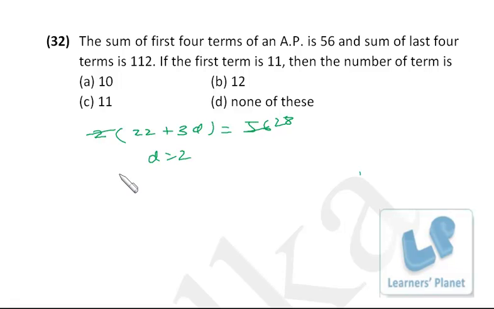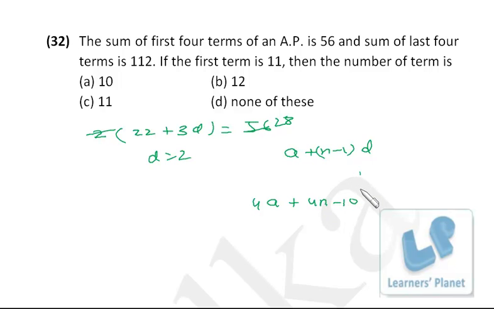Now the sum of last 4 terms. The last term, or we can say the nth term, will be a plus (n minus 1)d. The previous term will be a plus (n minus 2)d, a plus (n minus 3)d and a plus (n minus 4)d, right? So these are the last 4 terms. Okay, so they will sum up to 4a plus (n minus 1 plus n minus 2 plus n minus 3 plus n minus 4), so that is 4n minus 10.